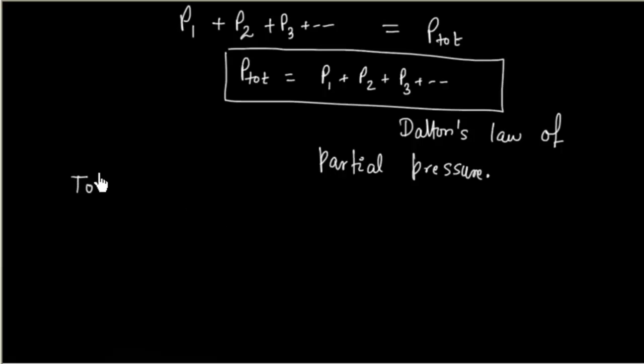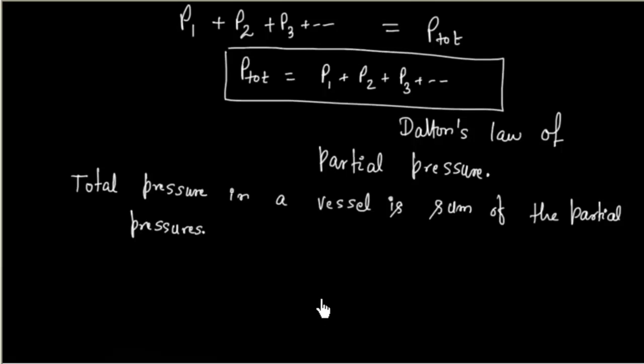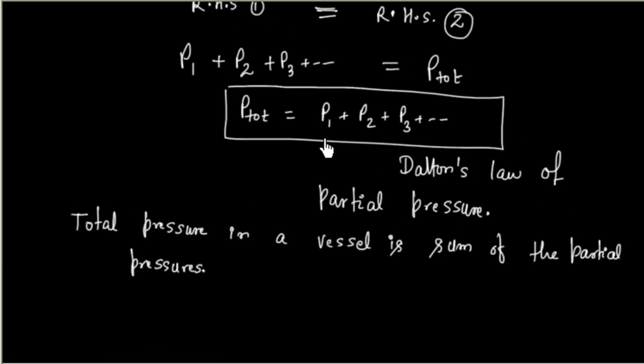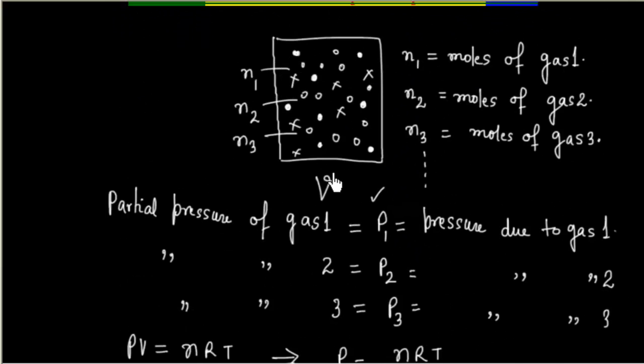So I can write, total pressure in a vessel is the sum of the partial pressures. An important point is that these gases are not reacting with one another.